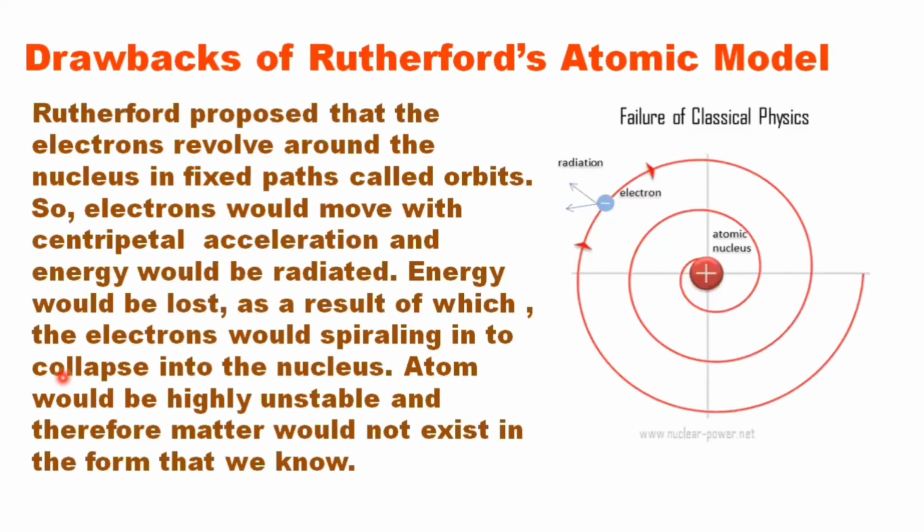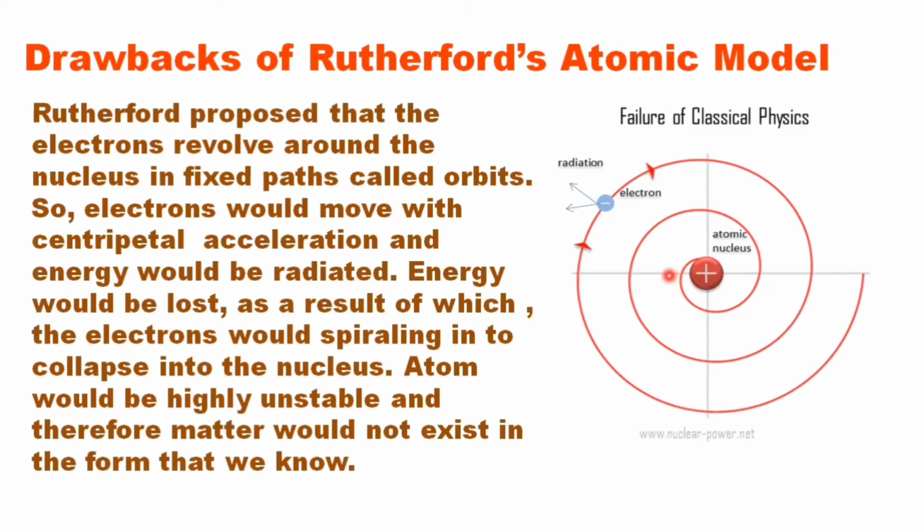Although the Rutherford atomic model was based on experimental observations, it failed to explain certain things. Rutherford proposed that the electrons revolve around the nucleus in fixed paths called orbits.